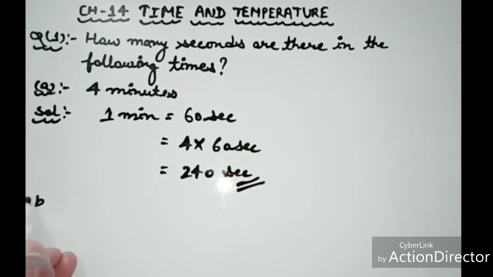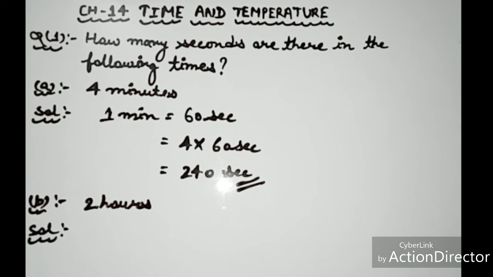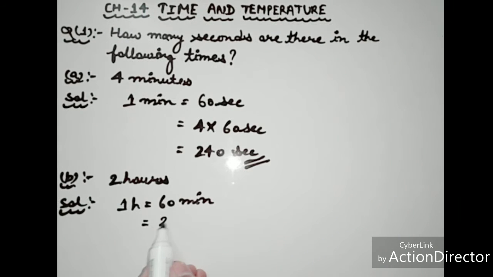Now example B, 2 hours. Here we will convert 2 hours into seconds. First we convert hours into minutes. 1 hour equals 60 minutes, so we multiply 2 by 60. 2 sixes are 12, 120 minutes.